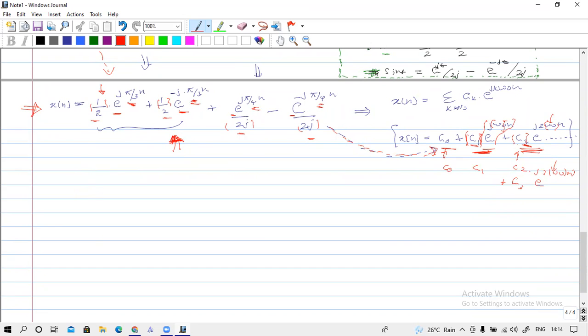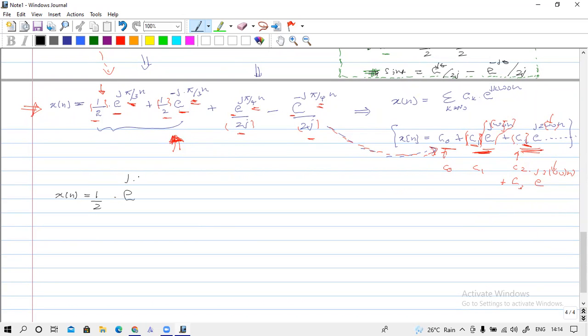So I will write this here, half. I will use another color here. So xn is there, and here half is there. Now e to the power j 5 by 3, but actually we have 5 by 4.